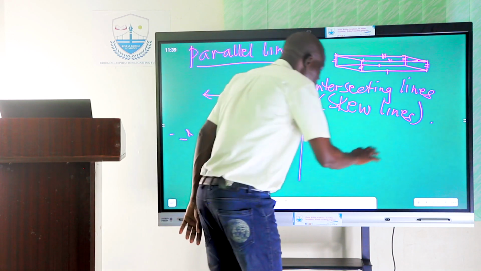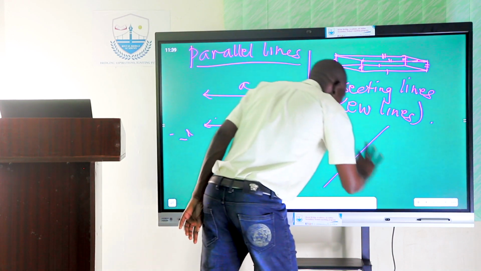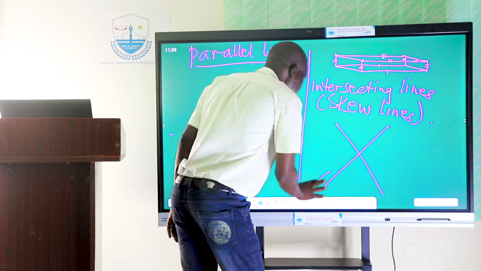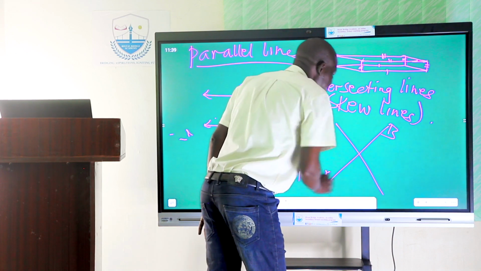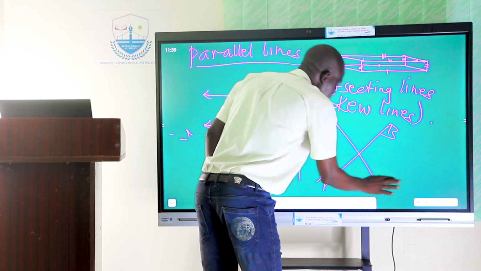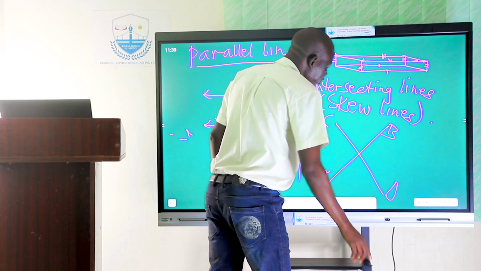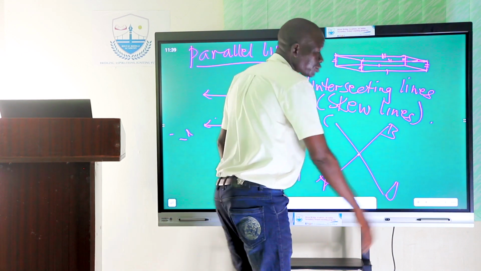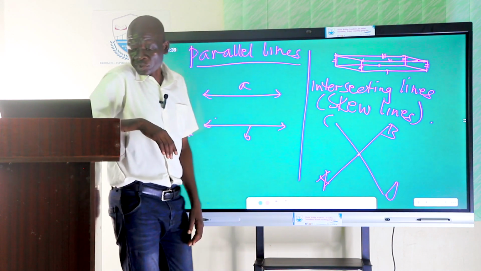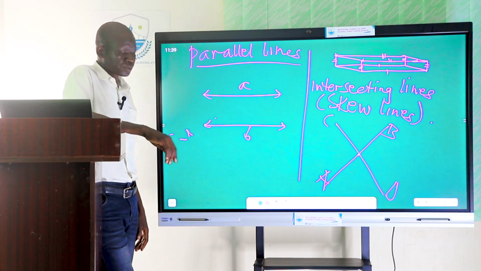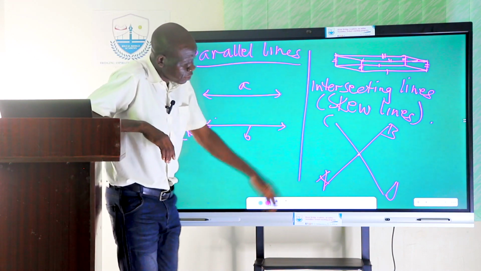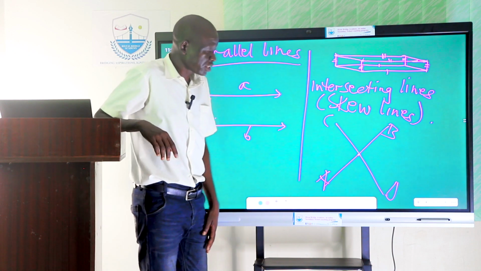Like if I draw a line here, then I draw another one here. If this is the line AD, and this is the line CD, this line AD is meeting the line CD at this point. So those are what we call skew lines or intersecting lines.